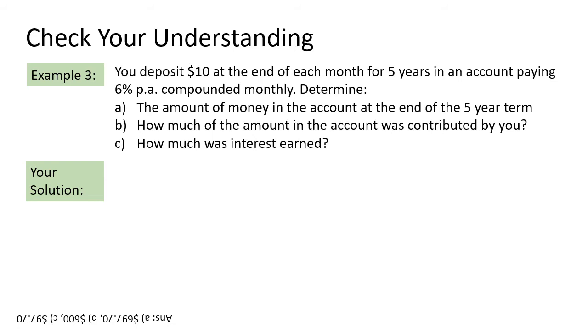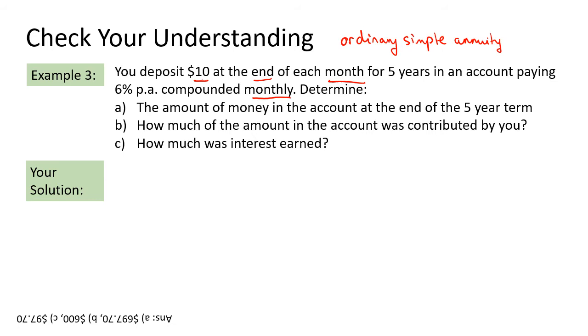Well, we're looking at this question, equal payments, the end of each month, okay, which makes it an ordinary annuity. And since you're paying monthly, your interest rate is also compounded monthly. So the compounding frequency and the payment frequency are the same. So this is an ordinary simple annuity. Right?